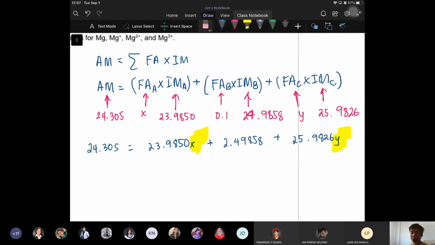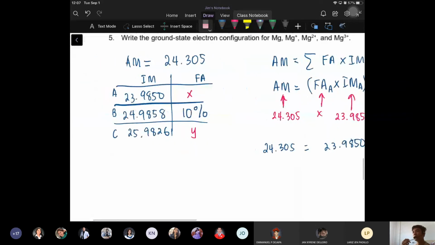So to find out what that equation is, let's go back to our table. Looking at the fractional abundances, what is the sum of the fractions? When we add the fractional abundances, it's like adding fractions of a pizza.